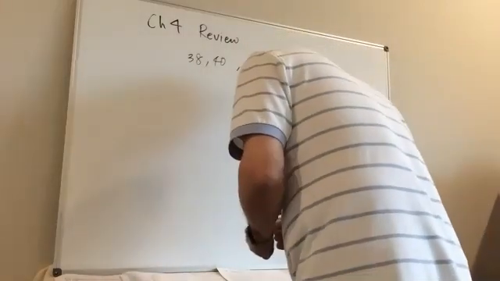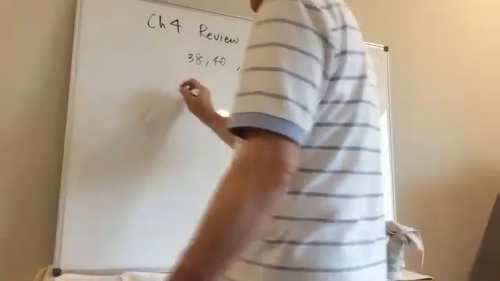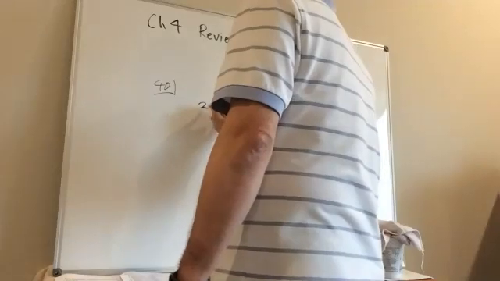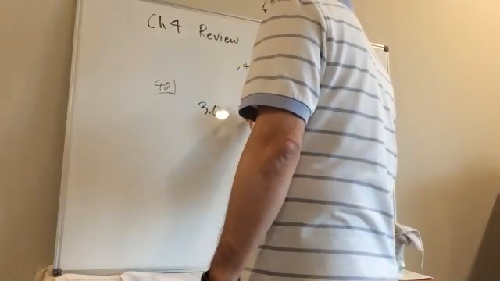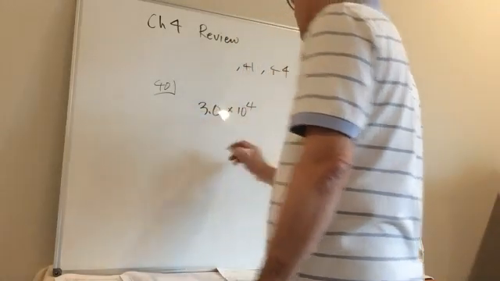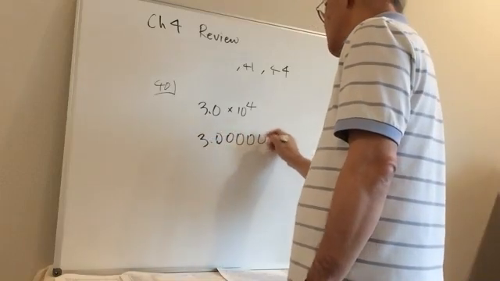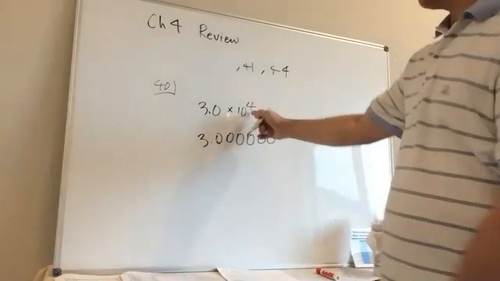40, write the number in standard form. So I have 3.0 times 10 to the fourth. So I'm going to add some more zeros here, and I'm going to go to the fourth.